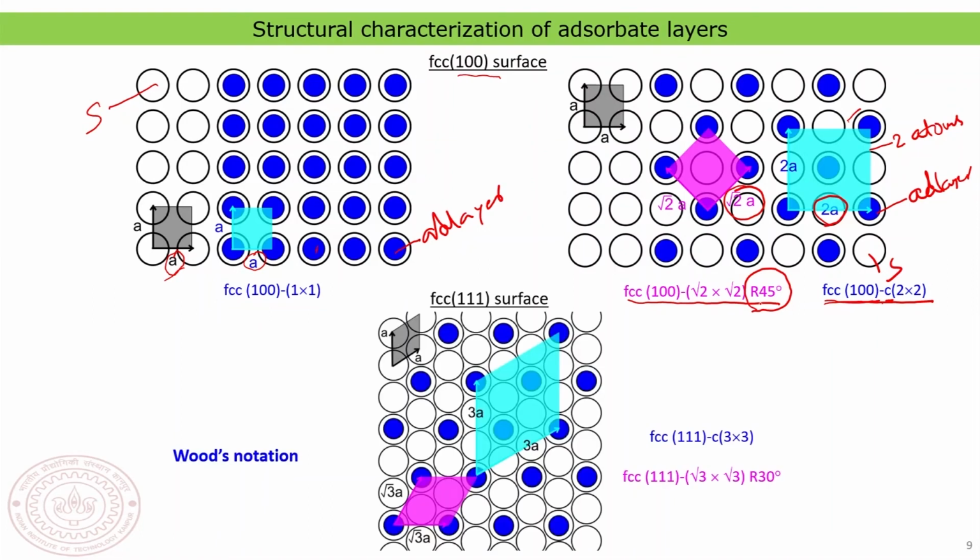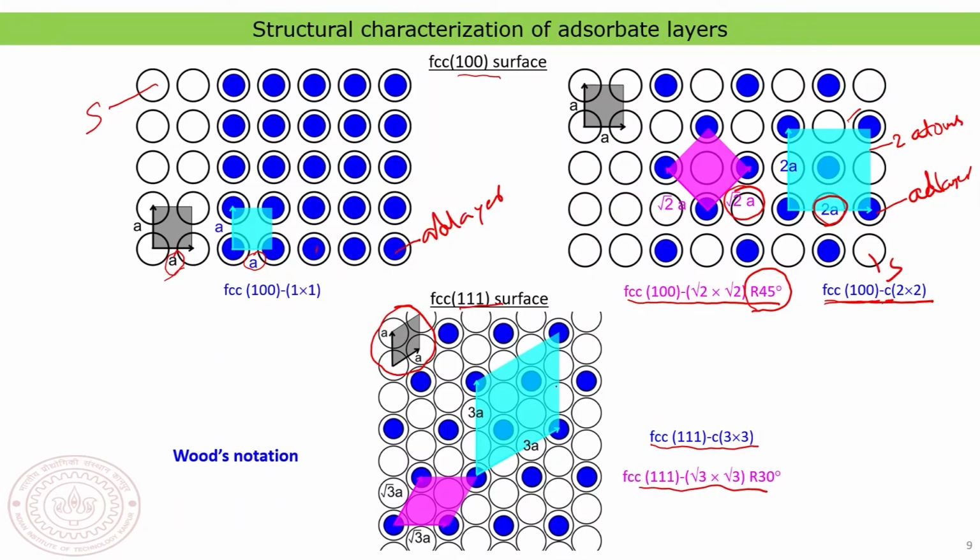Now let me introduce another surface for exercise. Here we have a 1, 1, 1 surface, and the surface unit lattice is represented using this oblique cell here. Again, the surface can be represented using any of these cells, where the magenta one is a unit cell containing one atom, and this is therefore a primitive cell.